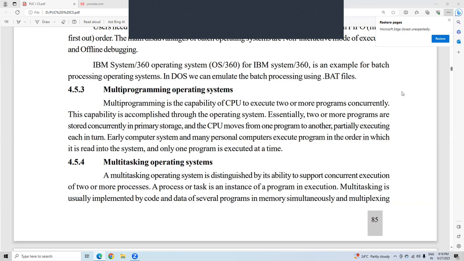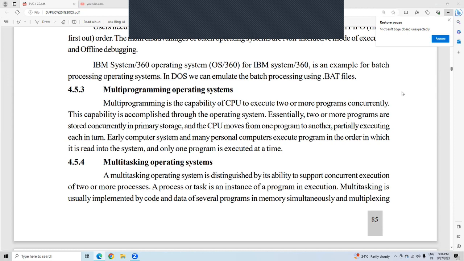But in turn, with the partial execution, the switching from one program to another program, the delay for the particular task being considered, the time is very less, right? So the person who is using the computer feels that the CPU is doing his task only, concentrating completely on his task only.